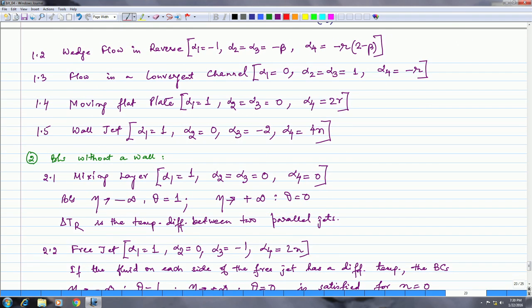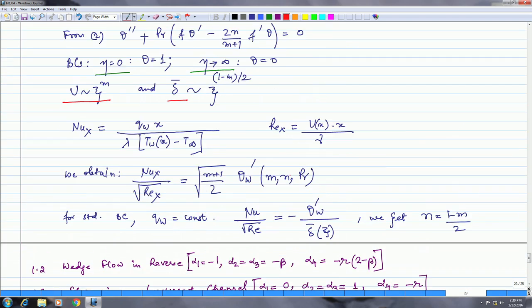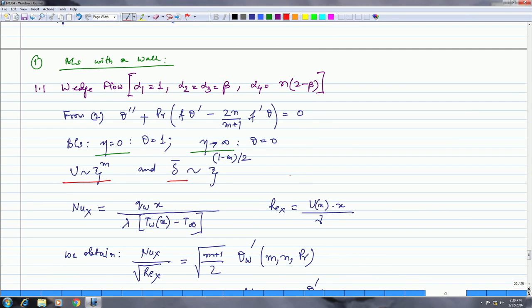One more thing that I wanted to impress upon here: boundary layers with a wall. So you actually have a physical wall on which the boundary layer is developing, right? Whether it's a wedge, you have a solid surface like that and a solid surface like that, and then you have boundary layers forming, right?